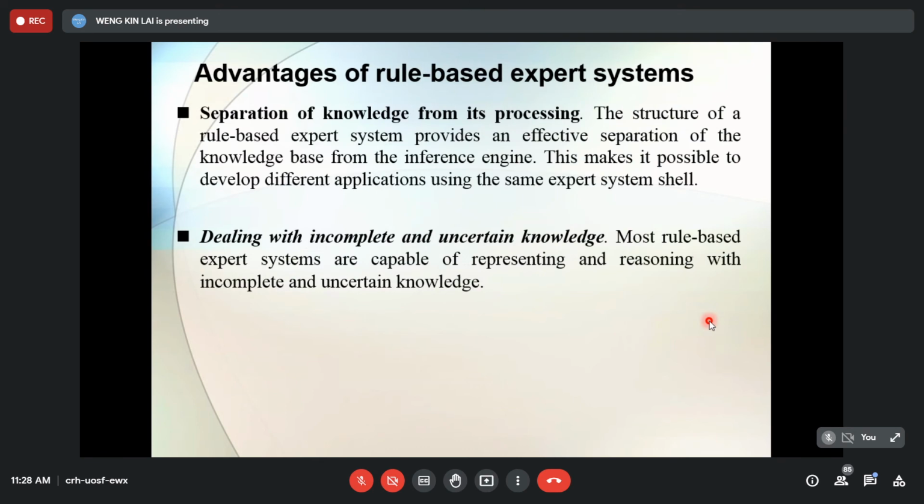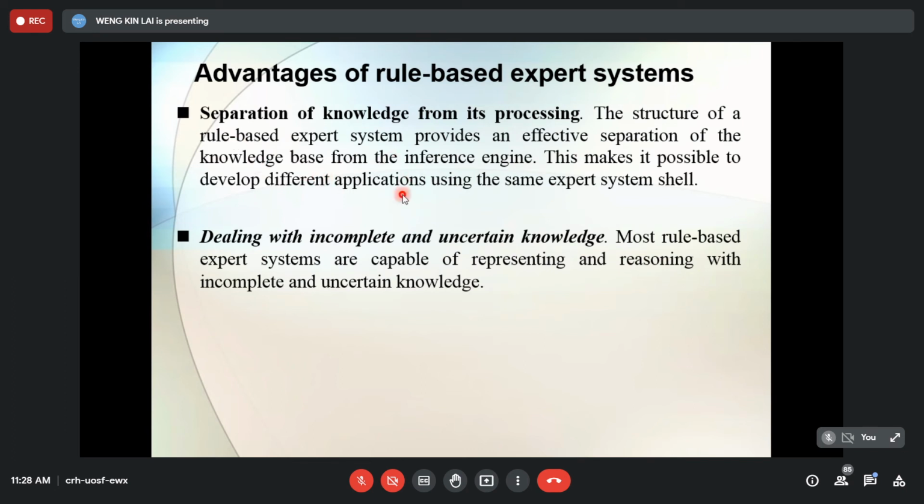Furthermore, as we also talked about before, there's a separation of the knowledge. The knowledge base, which is the set of rules itself, is separated from its processing. The structure of a rule-based expert system provides an effective separation of the knowledge base from the inference engine. The inference engine is the one that processes the rules.